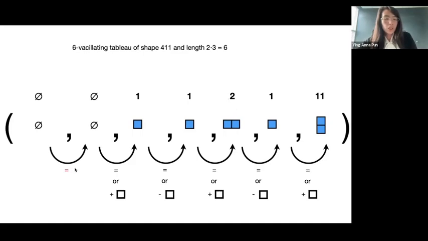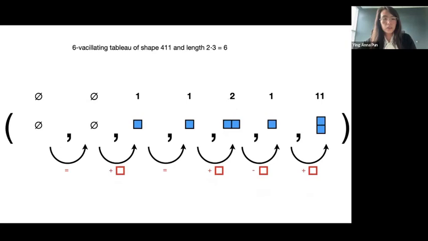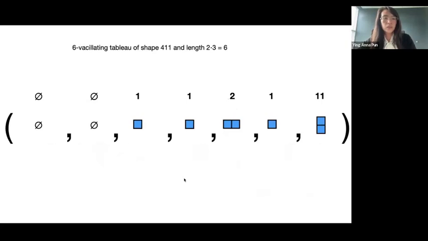Here you see that it's actually equal for the first two shapes. And then you add a box, stay the same, add a box, then minus a box and add a box. So even if I remove the first row, I still satisfy the requirement. That's the reason why it is actually a simplified Vacillating Tableau.